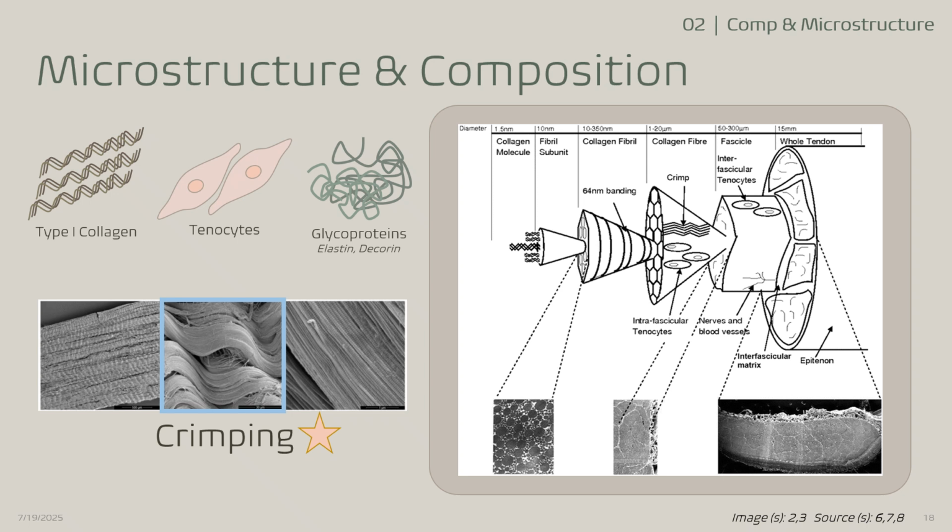In the middle, we see the crimping of those collagen fibers extremely well. The crimp has a large impact on the mechanical properties of tendons as it allows the fibers to expand. This form of energy storage is dependent on the crimp angles. A smaller angle indicates a tighter crimp and more energy storage. A larger crimp angle stores less energy.